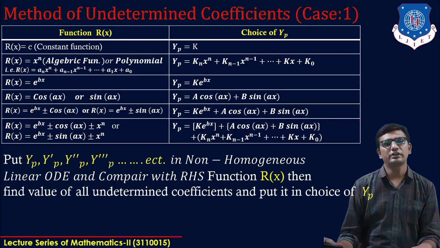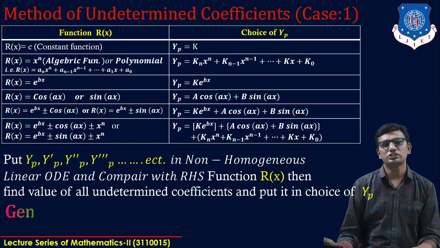After finding all the undetermined coefficients by this method, we put their values in the choice of yp, so we can get the particular integral yp according to our example.